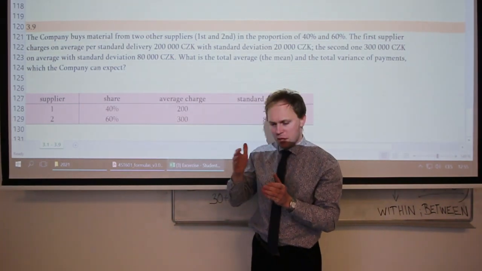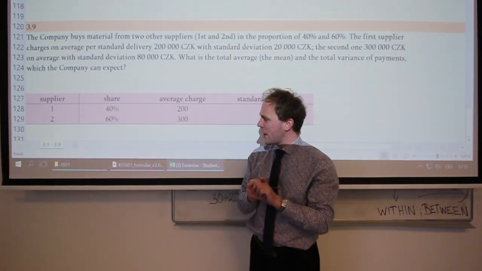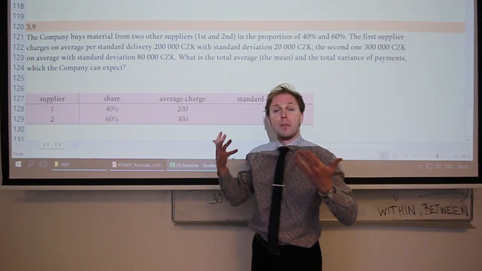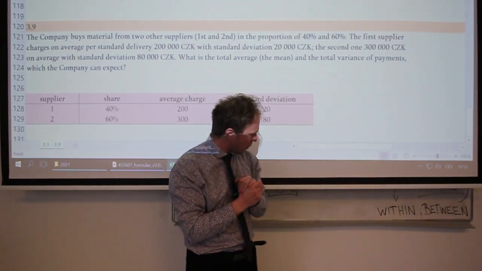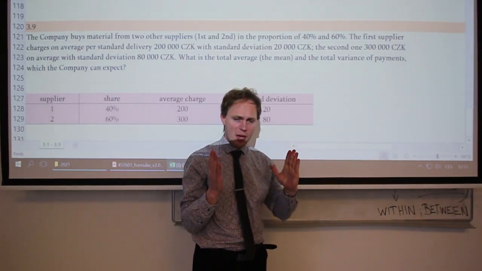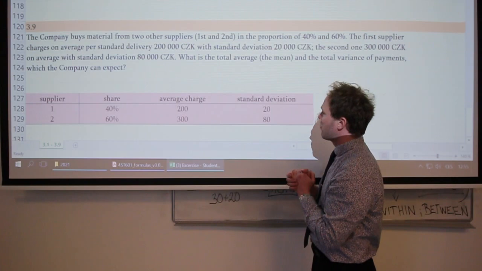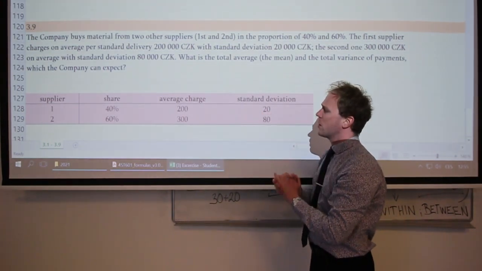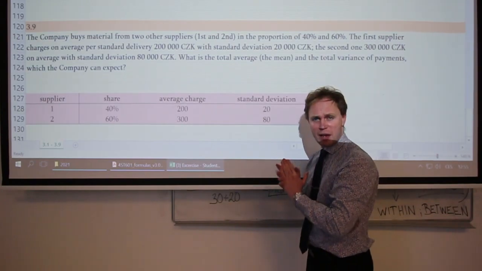Total mean will be weighted mean, and the total variance will be calculated on the basis of decomposition of variance, decomposition of two groups, within group variability and between group variability. So I will rewrite data on the whiteboard and we will solve this immediately.